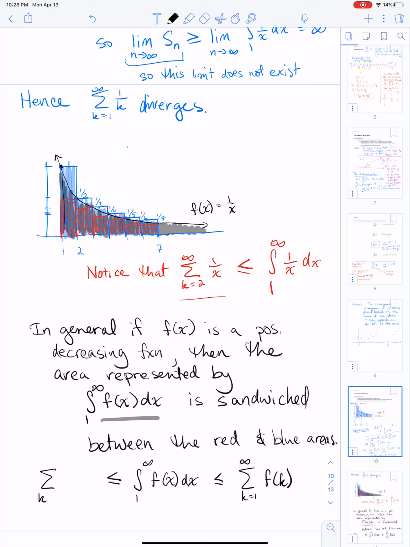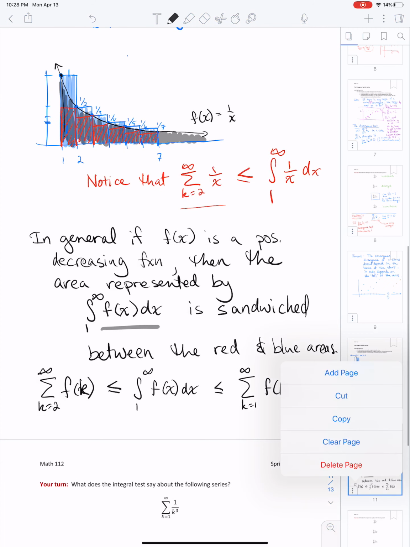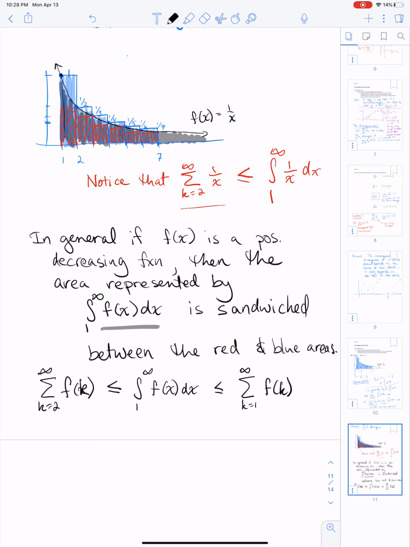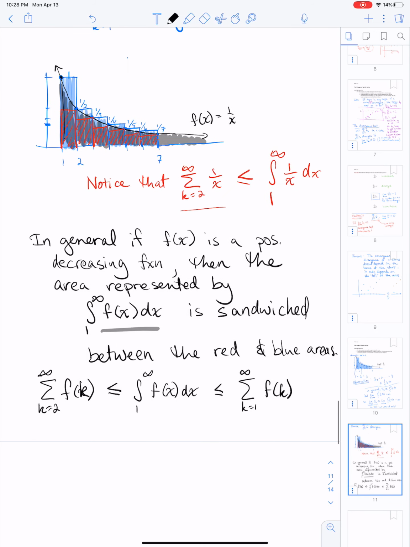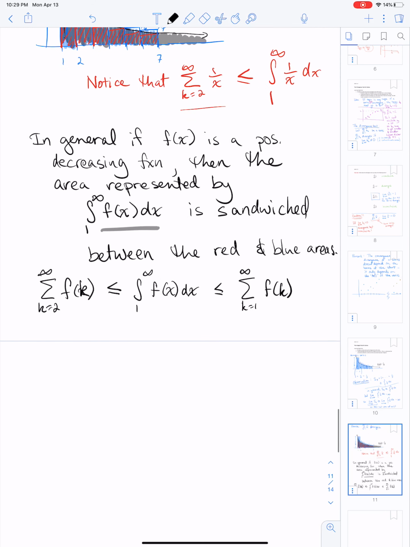So we'll sum from k equals 2 to infinity of f of k. This is actually a pretty key fact here. I'm going to have to add one more page, so that we can get a clear statement of the divergence theorem. Because for any positive decreasing function we can sandwich the areas in these ways, what's the upshot?